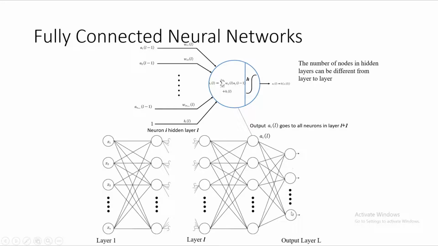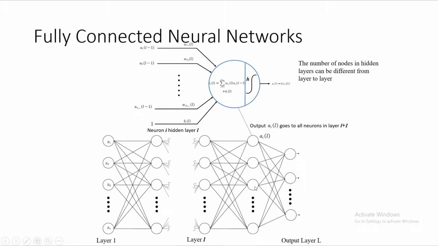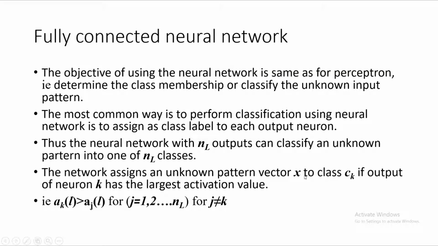If AKL is greater than AJL for J ranging from 1 to NL, which is the total number of neurons in the output layer, and J not equal to K, then we will assign this vector to the class if the activation value of a particular node is greater than all other nodes.